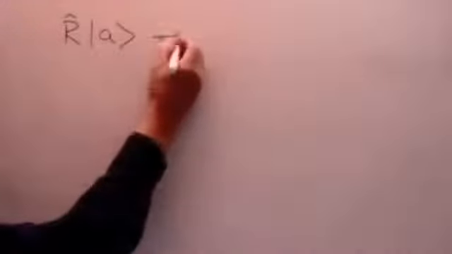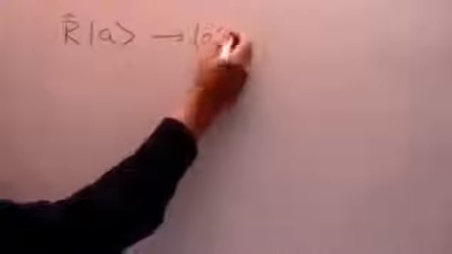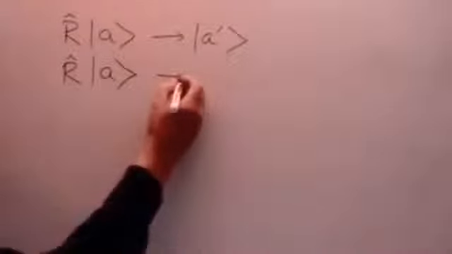Okay, so let's take that unitary operator, which is the rotation operator, act it on state A and produce state A prime. So far so good. But if I take the operator and act it on state A, but I rotate it through an angle of 0, which essentially means, of course, I don't rotate it at all, then the vector won't change.